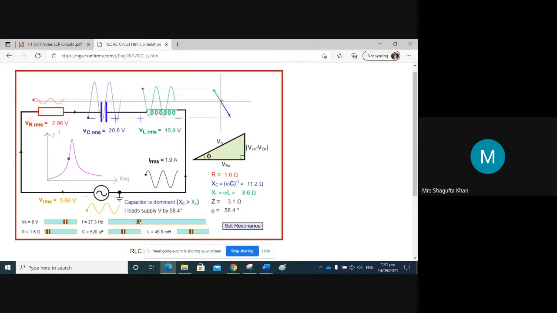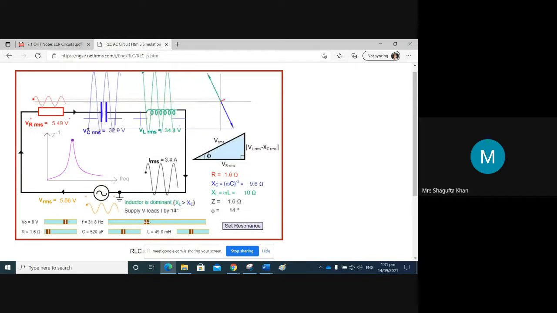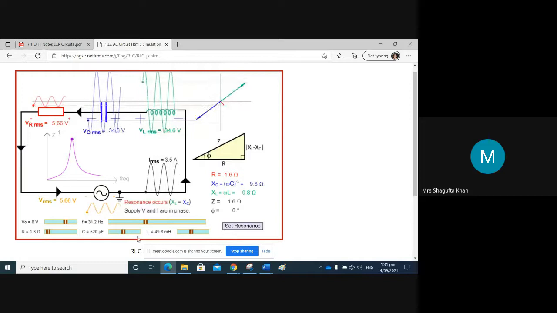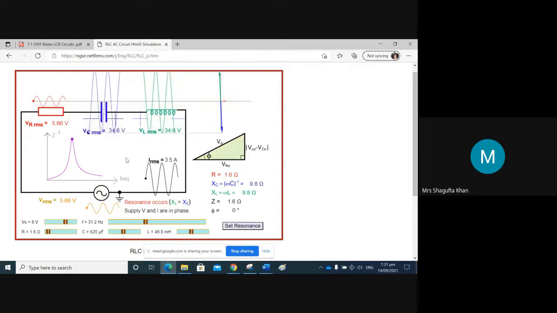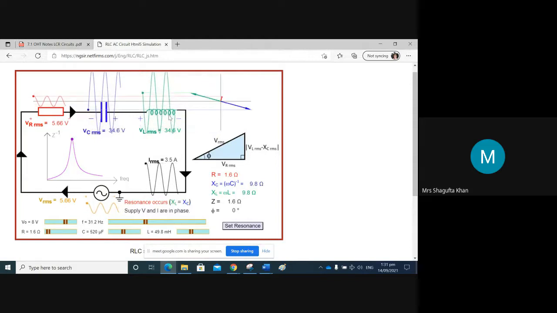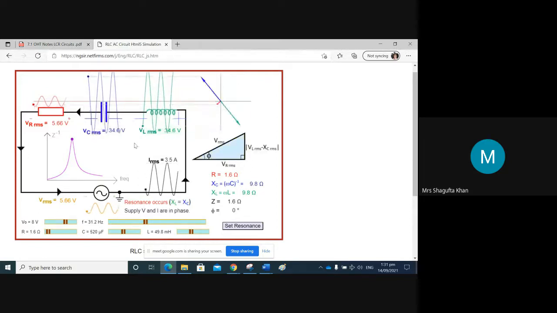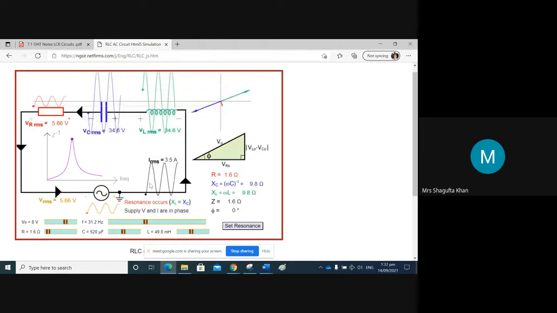So let's make it a little bit more. Okay, somewhere over here, if I do it at resonance, as you can see, current is maximum, 3.5 amps. And you can see that these two values, VL and the voltage across the capacitor, are exactly equal, because over here XC and XL are equal, and therefore at this stage current is maximum.